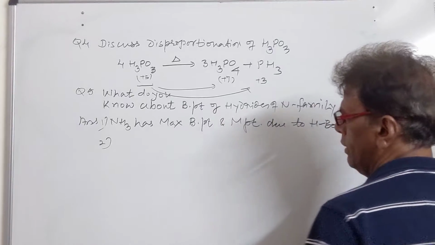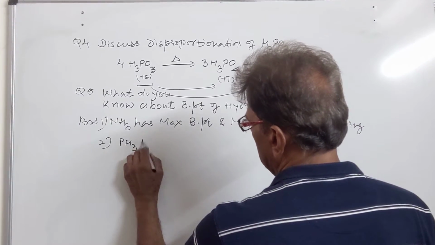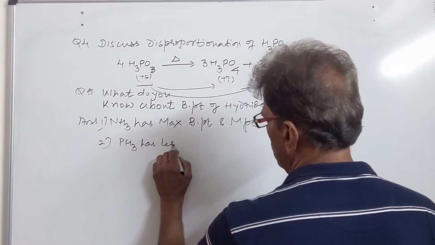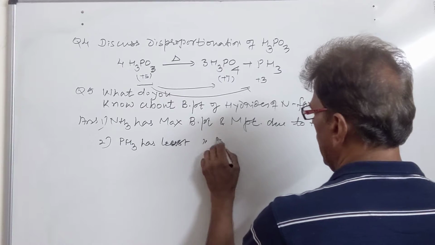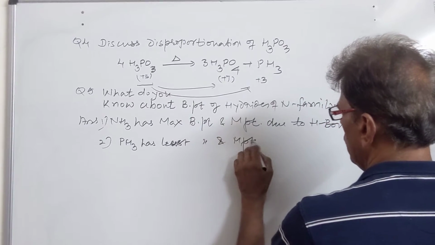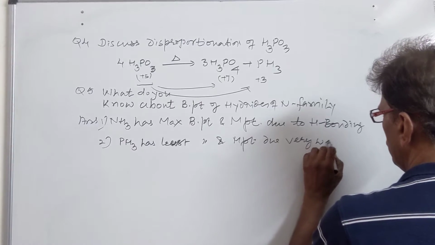Second point is phosphine has least boiling point and melting point due to very weak van der Waals forces.